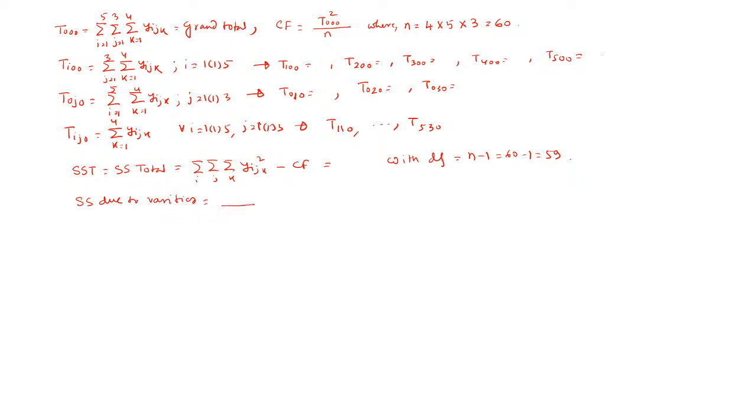This is equal to the sum over i of Ti00 whole square divided by mq, where m is 4, q is 3, and i is from 1 to 5. So this is 4 into 3, that is 12, minus the correction factor, with degrees of freedom 5 minus 1, that is equal to 4.